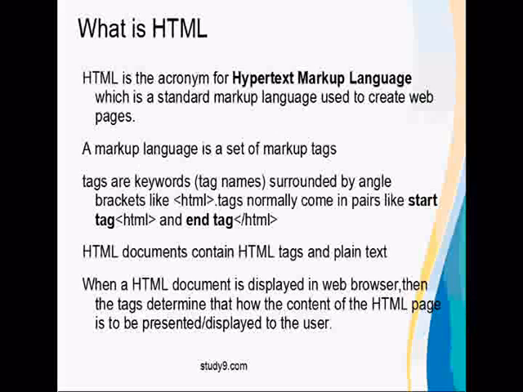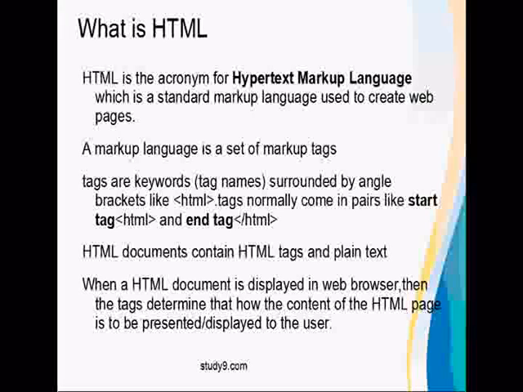Well, HTML stands for Hypertext Markup Language, which is a standard markup language or documentation language to mark the headings, title, table, forms and many more items that are used to create web pages. Now the question is, what is called a markup language? Well, a markup language is a collection of some markup tags.